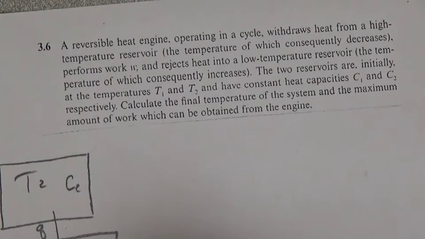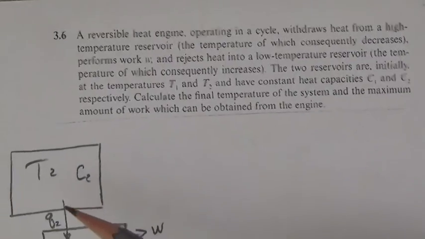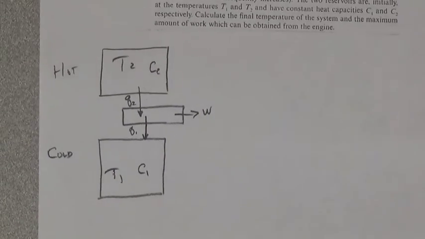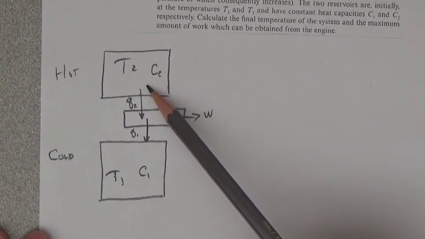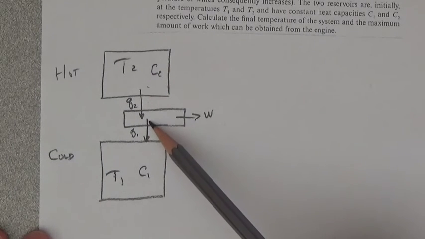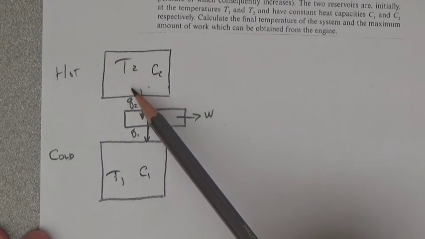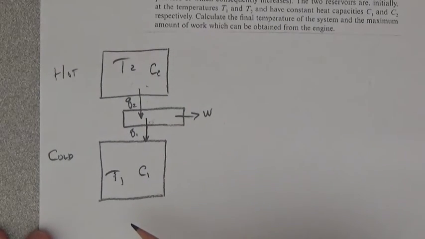Heat goes in, heat goes out, and in the process work is done. And this is a system, let me zoom out, such that as heat flows from the reservoir into the system and then out, the temperature of the hot reservoir gets cooler and the temperature of the cool reservoir gets hotter until they reach equilibrium.